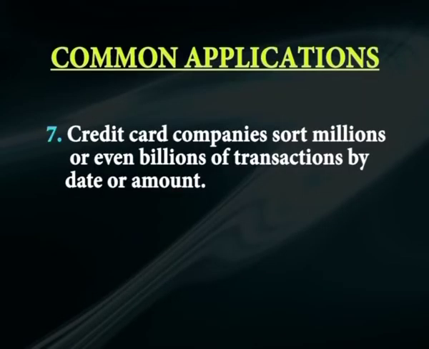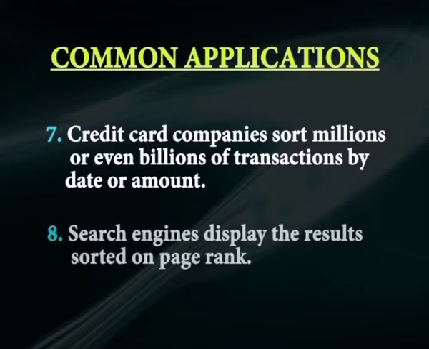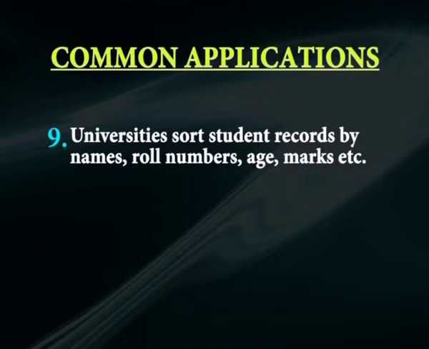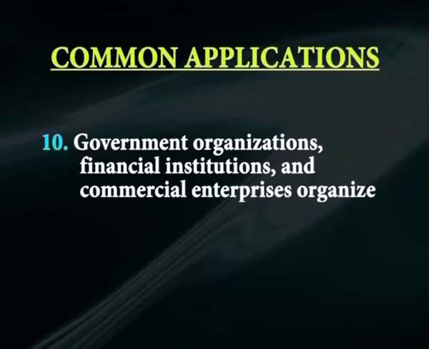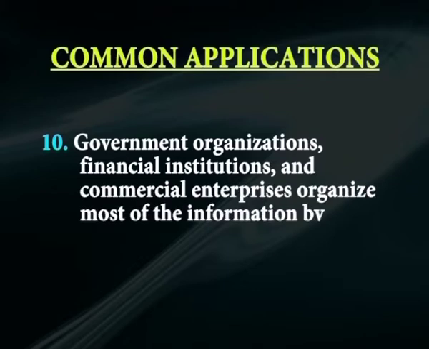Credit card companies sort millions or even billions of transactions by date or amount. Search engines display the results sorted on page rank. Universities sort student records by names, roll numbers, age, marks, etc. Government organizations, financial institutions and commercial enterprises organize most of the information by sorting it.